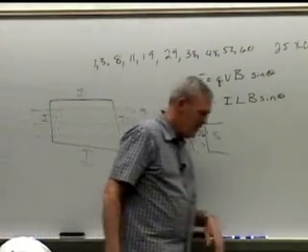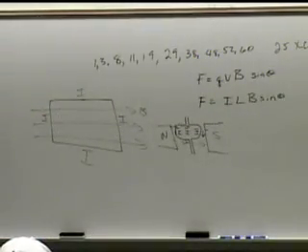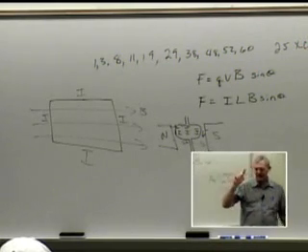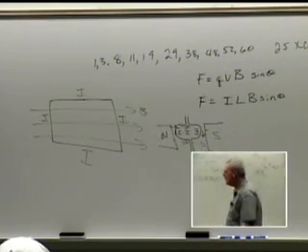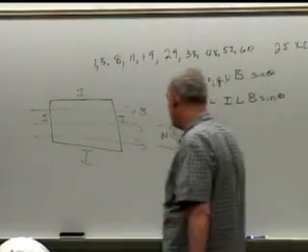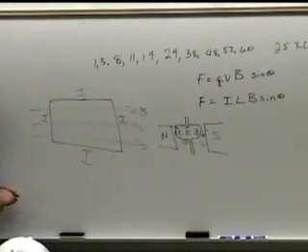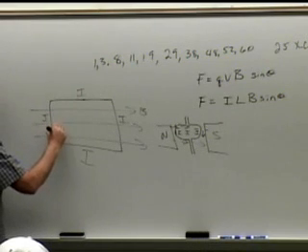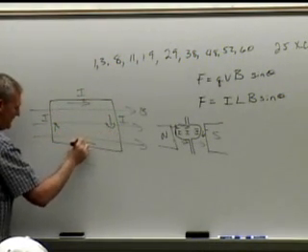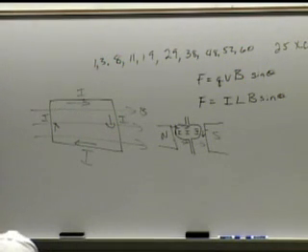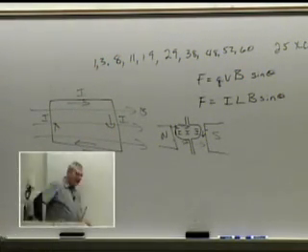Now, what this does is this creates a force, makes this thing spin. But let's be careful here. You probably would like to know which way the current's going. I made the assumption because it was my problem. I had it in my head. I knew which way it was going.